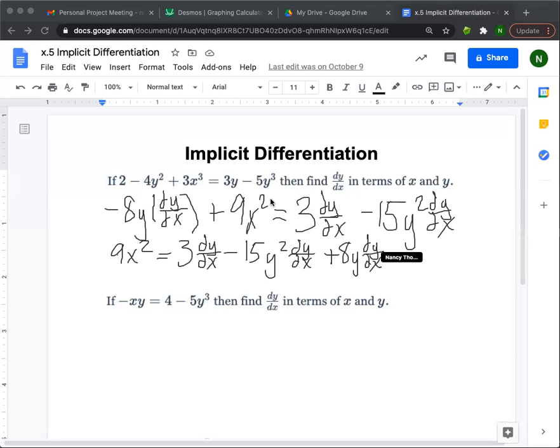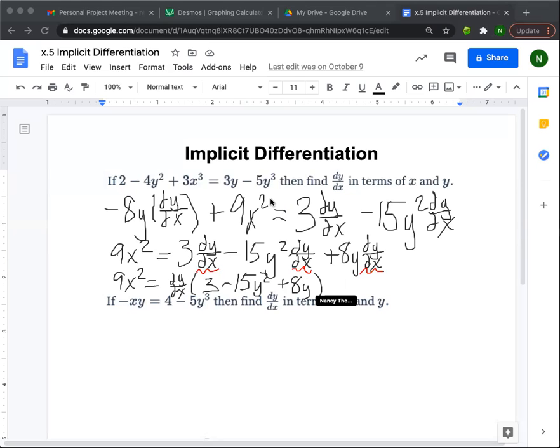Now, what you'll notice about the right side of this equation is that every single term has this dy/dx. So now I can factor it out. So now I will be left with 9x squared equals dy/dx times 3 minus 15y squared plus 8y.